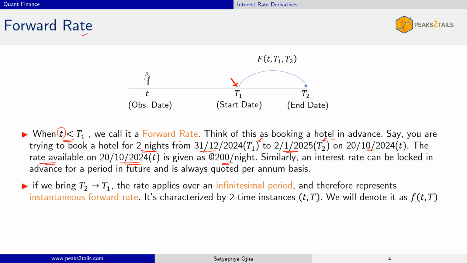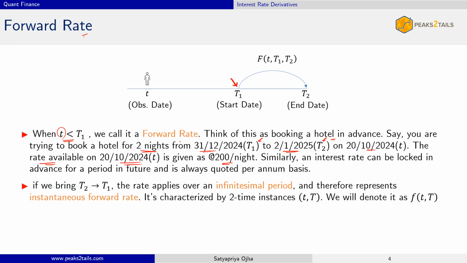So your overall cost would be $400 because it's 2 nights. Interest rates work in exactly similar way. So this is a forward rate because the period for which the rate applies is in future and you're trying to book in advance. Okay.